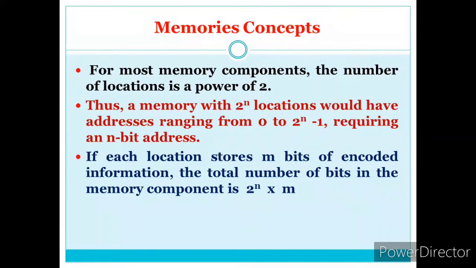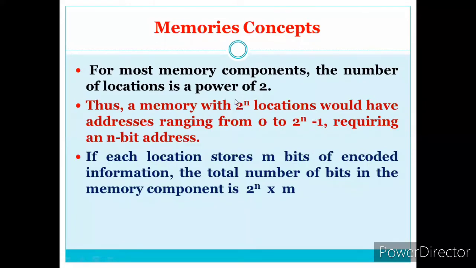For most memory components, the number of locations is a power of 2. Why a power of 2 is that the system understands the binary number system, so we prefer to use powers of 2. Okay, so as I said in the previous topic, the total locations we have is 2 raised to n, and the address ranges from 0 to 2 raised to n minus 1.